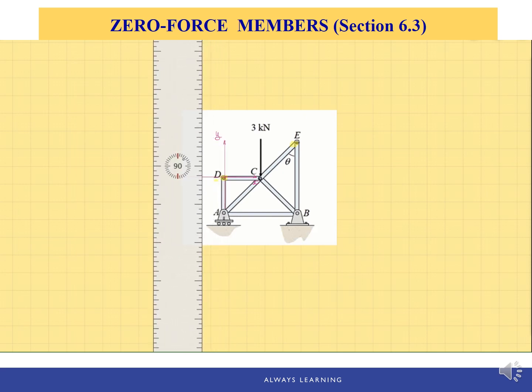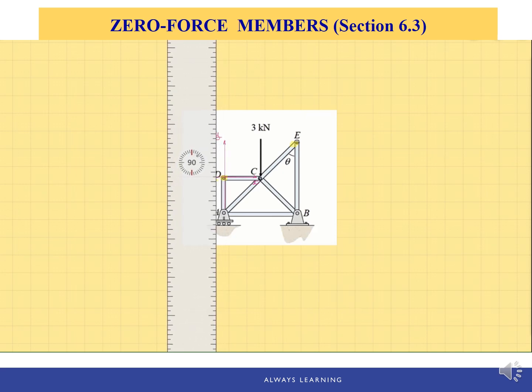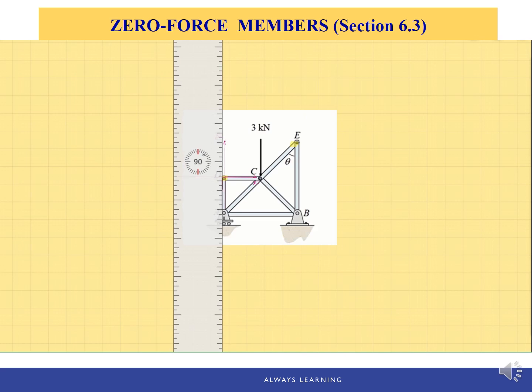So here one is the member AD or DA. Let's assume DA has tension developed in it. If it's tension, then it will pull away from the pin.